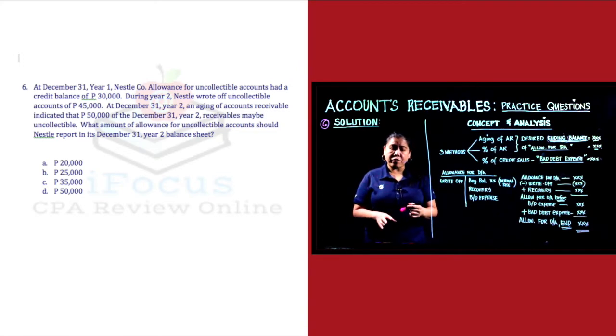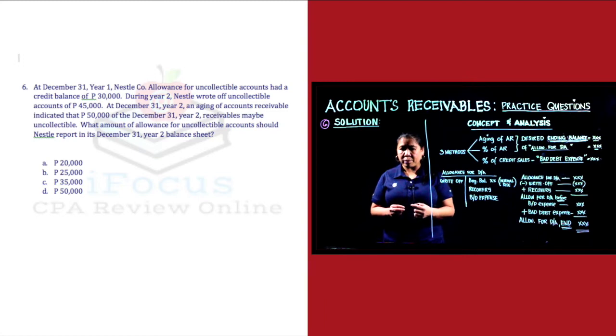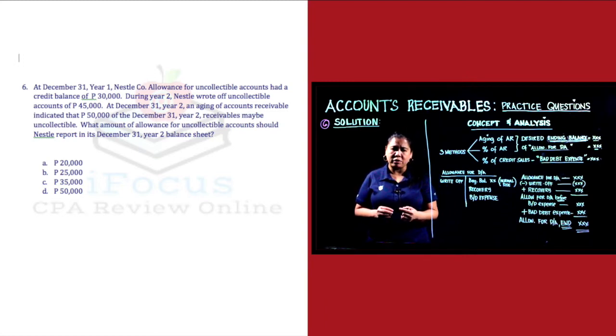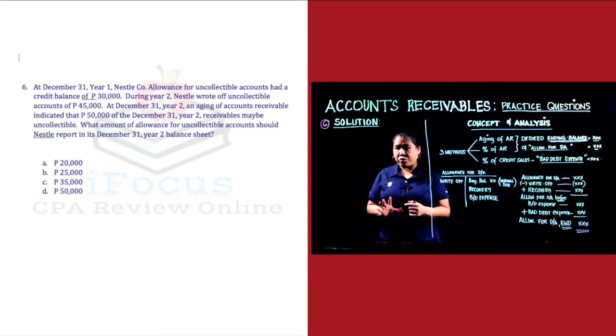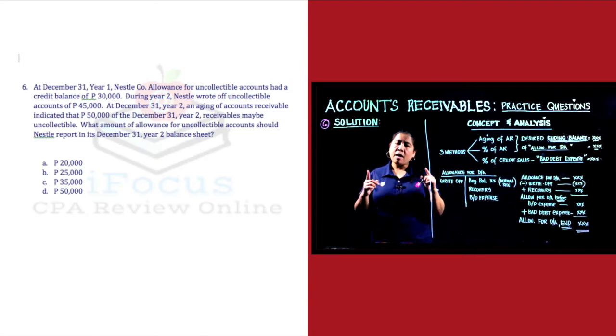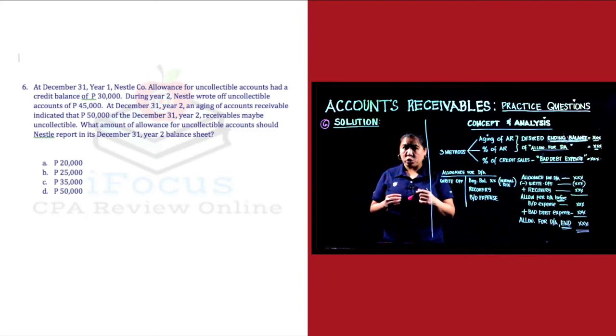At December 31st year 1, Nestle Company allowance for uncollectible accounts had a credit balance of 30,000. So, yung 30,000, yan po yung ending balance last year, December 31st of year 1. So, meaning to say, yan po ang magiging beginning balance natin ng January 1st of year 2.